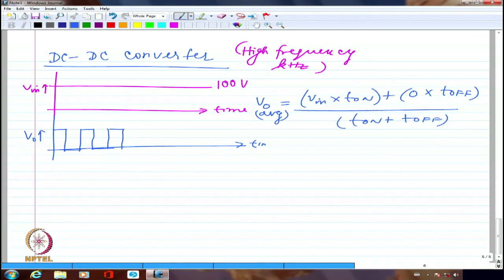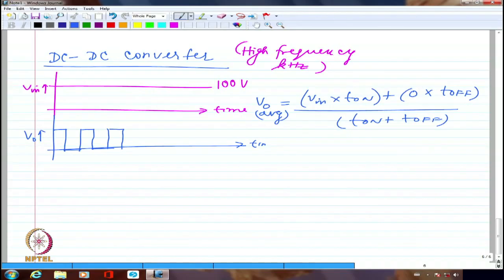Obviously I cannot use a transformer to step down or step up DC voltages. It's only meant for AC voltages. So I can use this kind of power converter with a switch which can turn on and turn off at a very high frequency rate, because of which I will be able to get a variable output DC value.